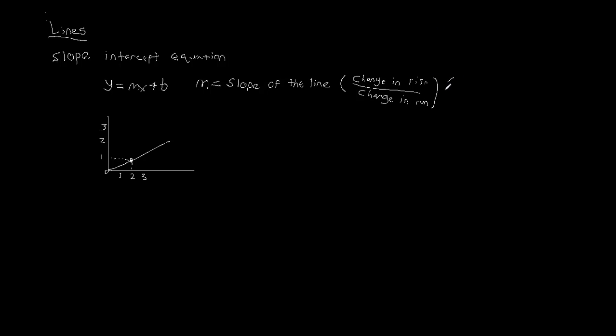You can see it sometimes called rise over run. Sometimes you'll see it as delta y over delta x. But all this slope is getting at is how does y change when you change x?